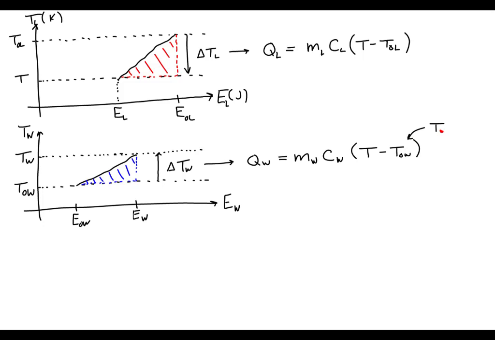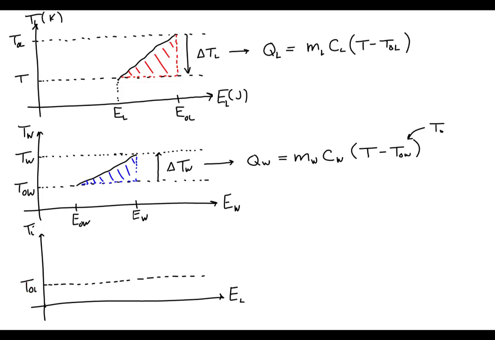Now let's look at a temperature energy diagram for the ice. We should bear in mind that the ice is going to experience a phase change from solid form to liquid form. So the ice starts off at the same initial temperature as the water. For now, I'll just label it as T sub naught I for the initial temperature of the ice.